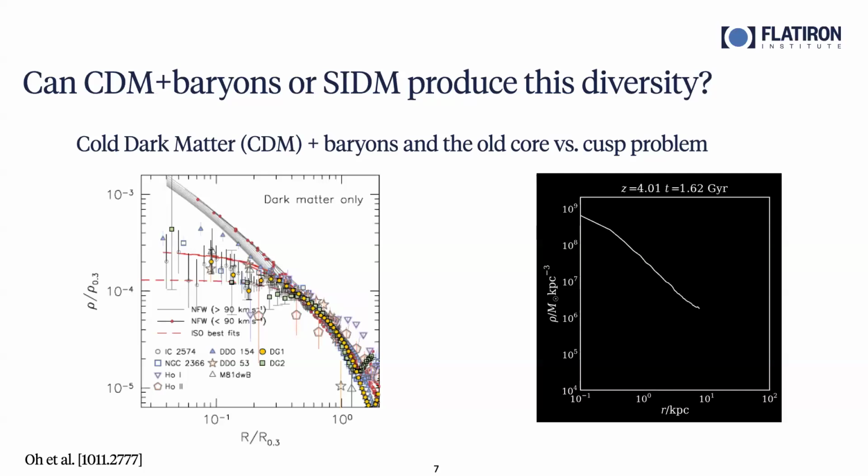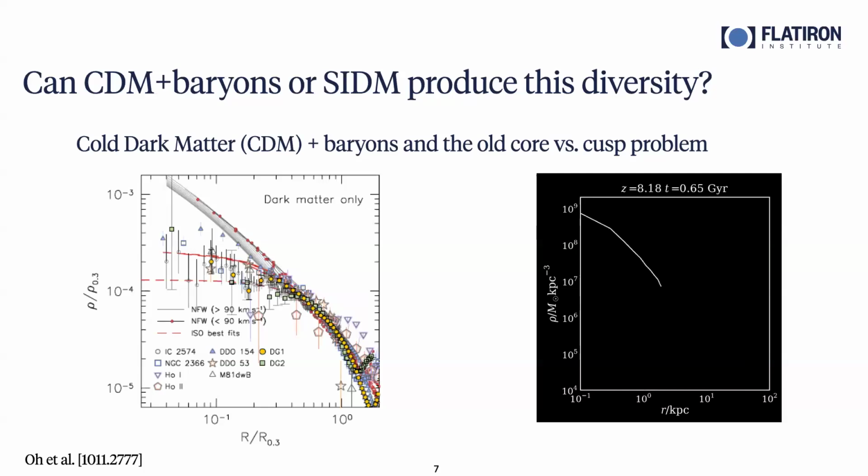And so this goes back to the old core versus cusp problem, which I think has mostly evolved into what we're now calling the diversity problem. From cold dark matter only, you predict these very cuspy, centrally dense dark matter profiles.